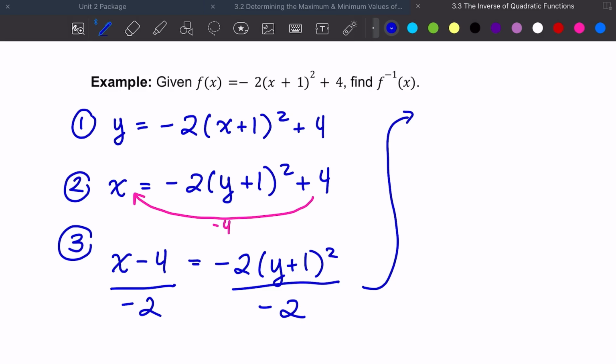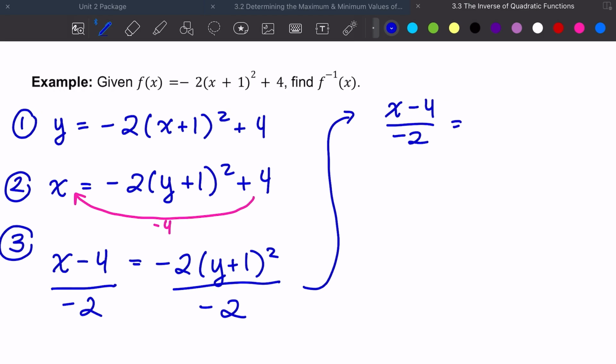So now I'm going to have x minus 4 all over negative 2, and we're just left with y plus 1 squared. Next up in reverse BEDMAS is the exponent. Undoing a square means I take the plus minus square root.